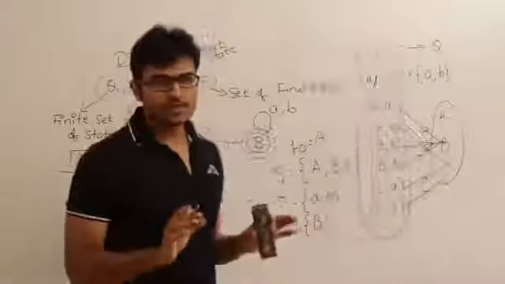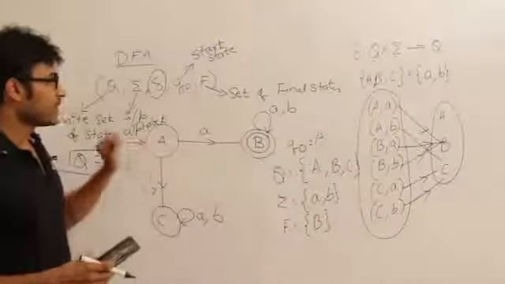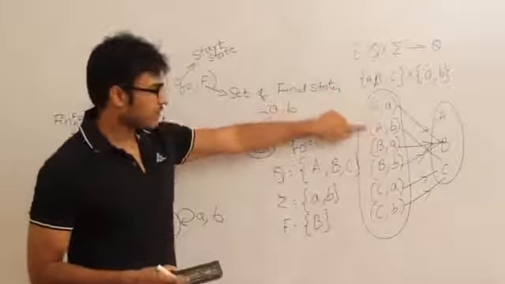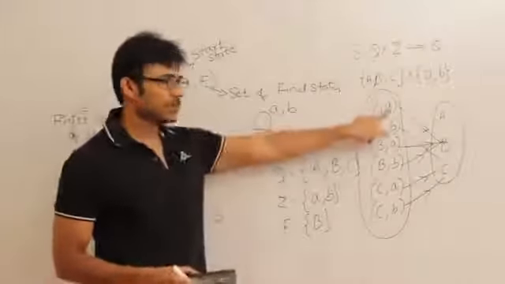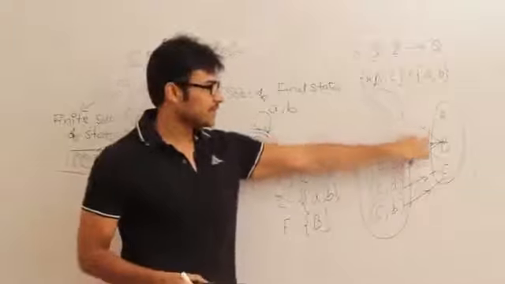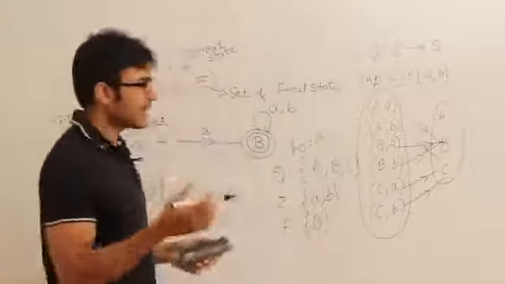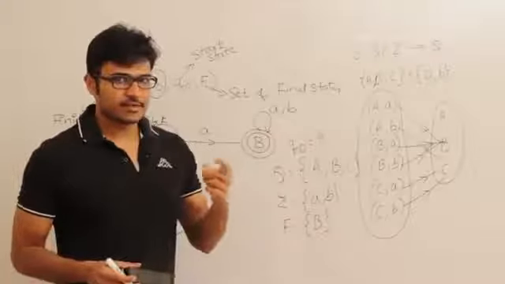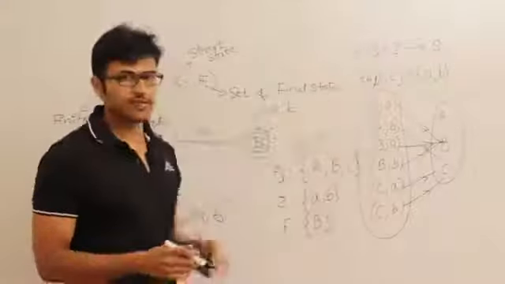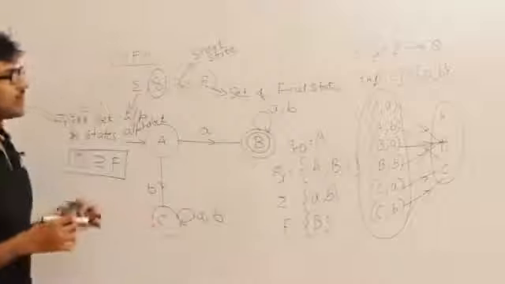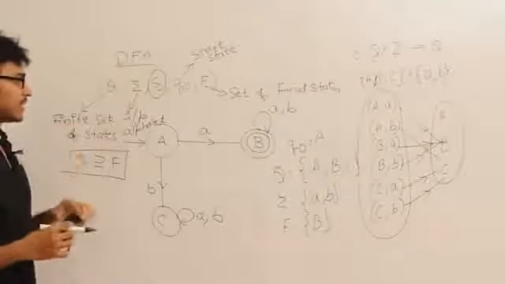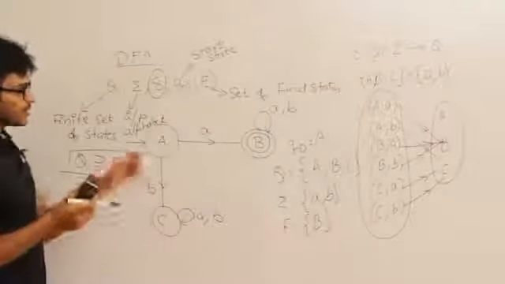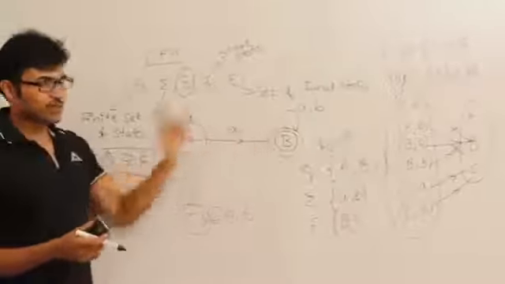So this is the definition of DFA. In DFA, for every state, for every input, there will be exactly one transition, which means at least one and at most one. It is definitely one. So why is it called deterministic finite automata? If you see any state, on seeing an input, it is going to only one other state.